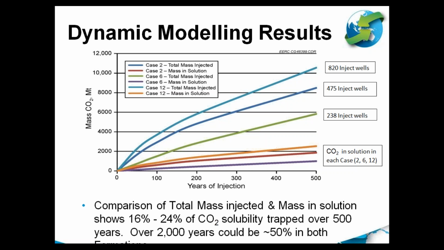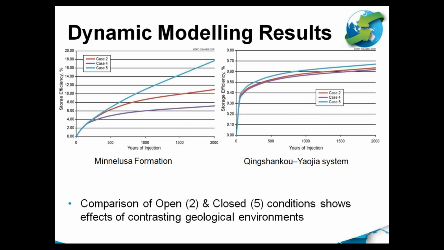It also shows the degree of solubility trapping that is achieved through time, and that can vary depending on the scenario. But if storage could be achieved over 2,000 years, it could be as much as 50% in both formations.